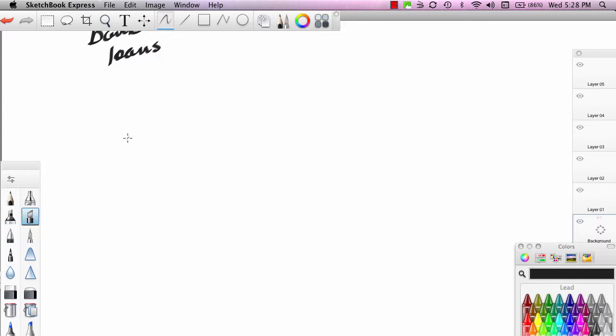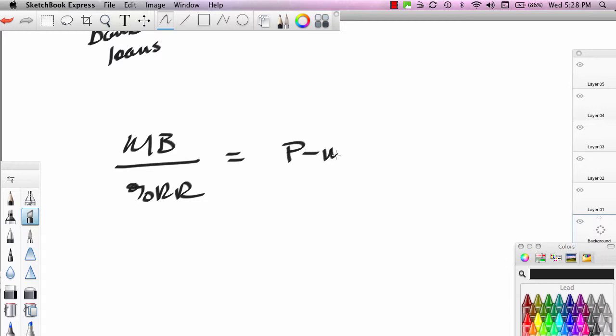What is that equal to? It's equal to the monetary base divided by the percentage reserve requirement. So the monetary base divided by the percentage reserve requirement equals the potential money supply, or the potential level of deposits, or the fully expanded level of deposits.